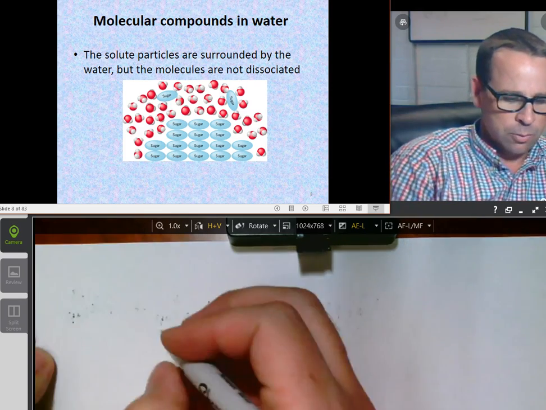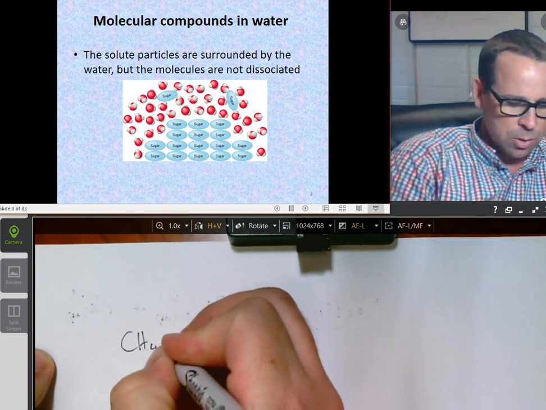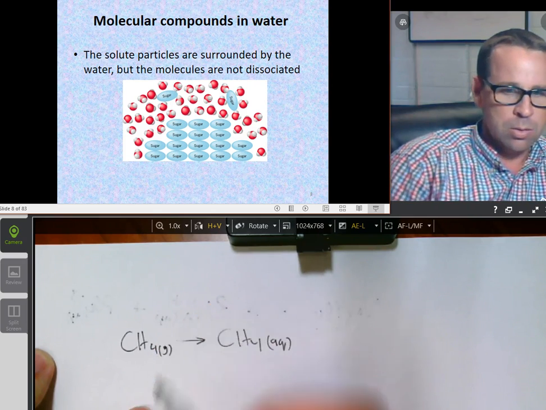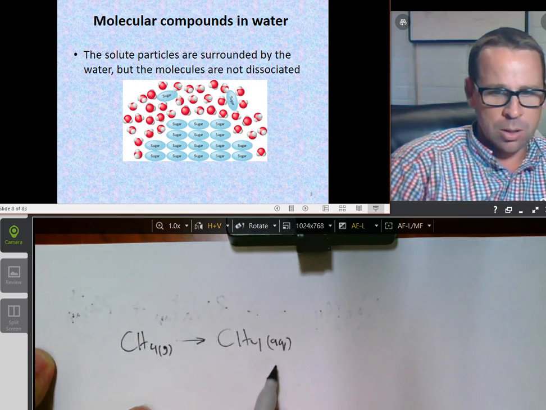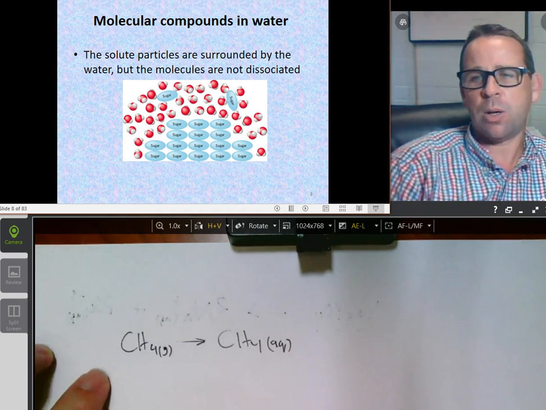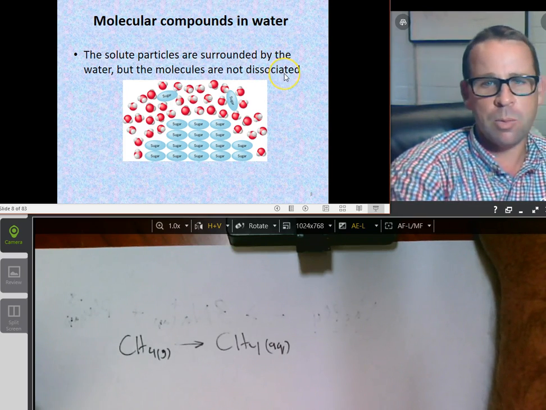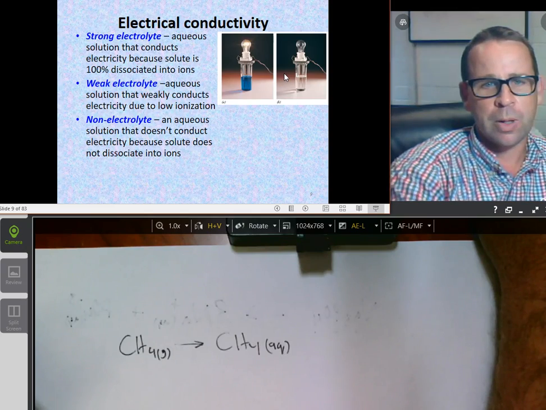So, if we just showed this process, CH4 gas dissolving into water, right? The CH4 is not an ionic compound, so it's not going to dissociate to any degree. Okay, so molecular compounds will dissolve sometimes, but they won't necessarily dissociate.